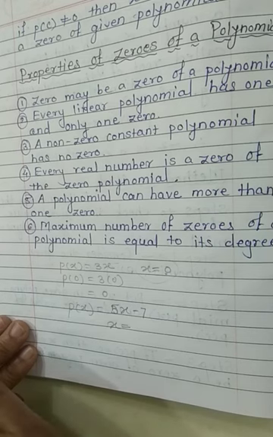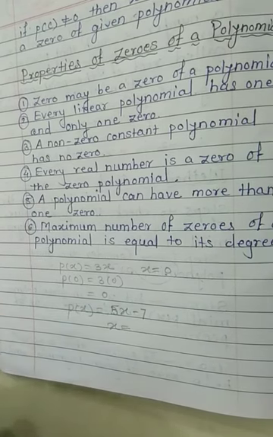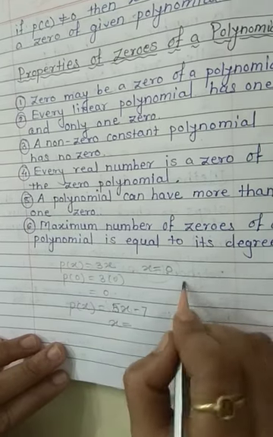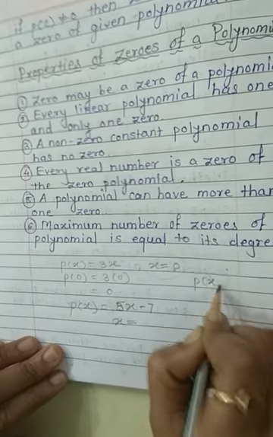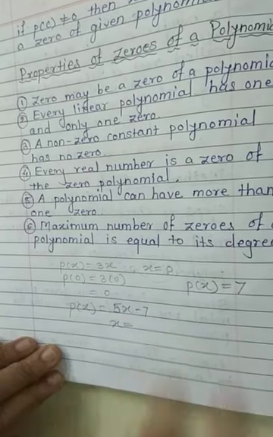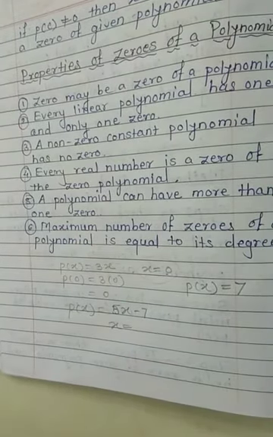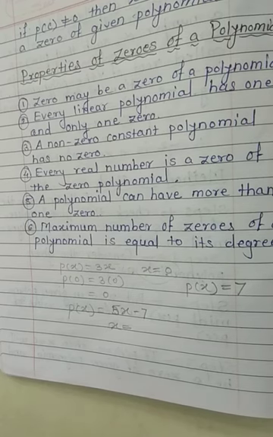Now third property: a non-zero constant polynomial has no 0. A non-zero constant polynomial means here p of x is equal to 7, or any constant number. Then this polynomial is known as the constant polynomial.